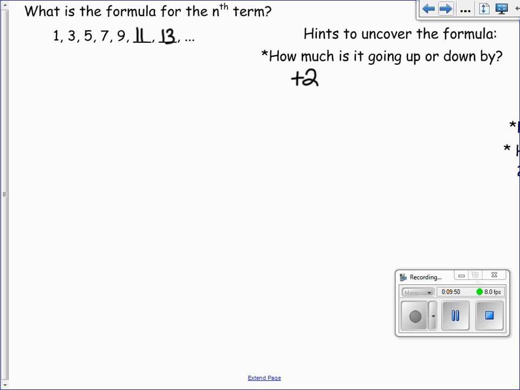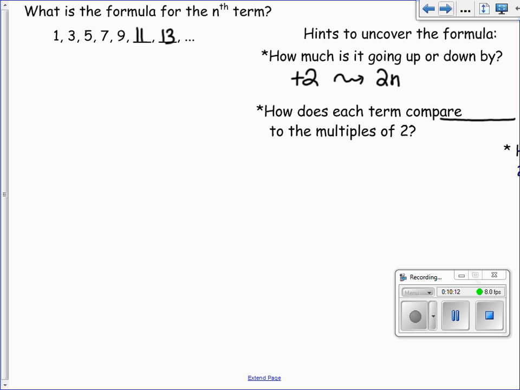So when you look at this, that should make you think, there must be multiples of 2 buried in my formula, which means I'm probably going to see a 2n in this formula because they keep going up by 2, right? That's the first thing to ask yourself. The next thing you want to ask yourself is, how does each term compare to the multiples of 2?